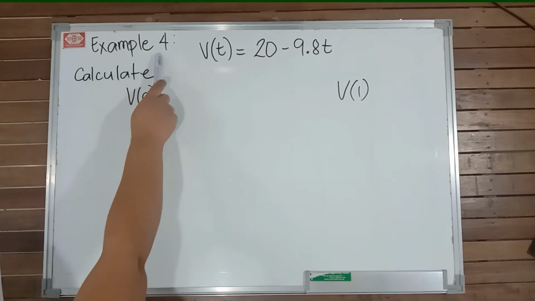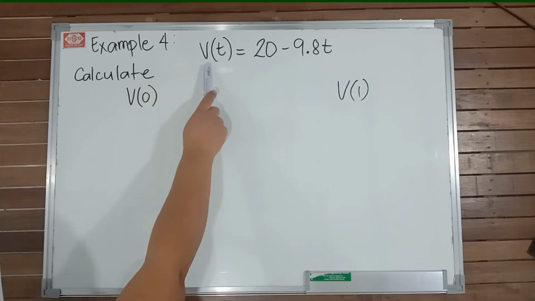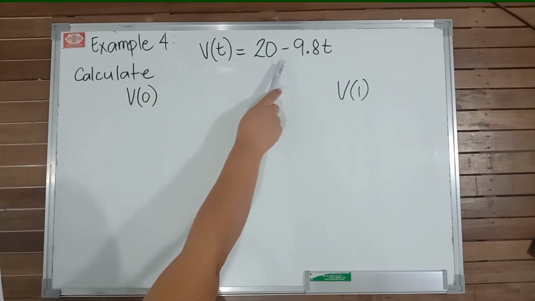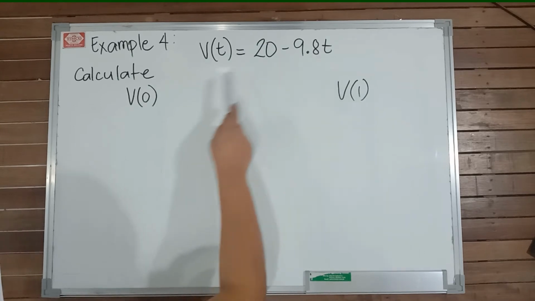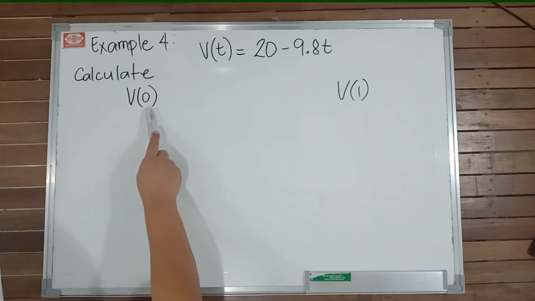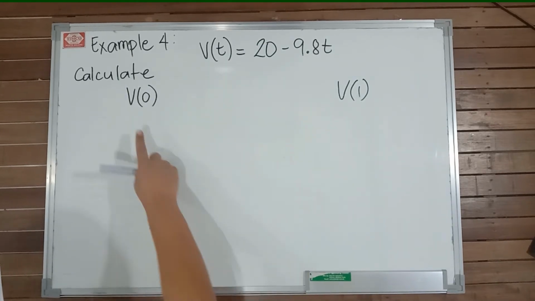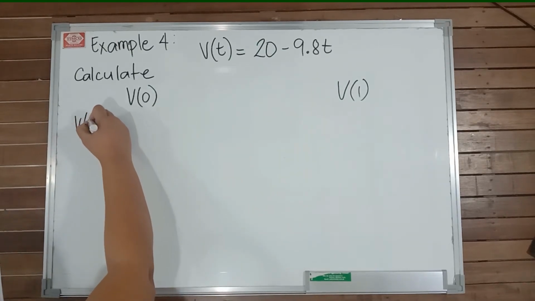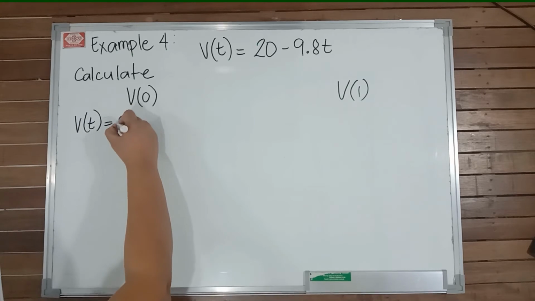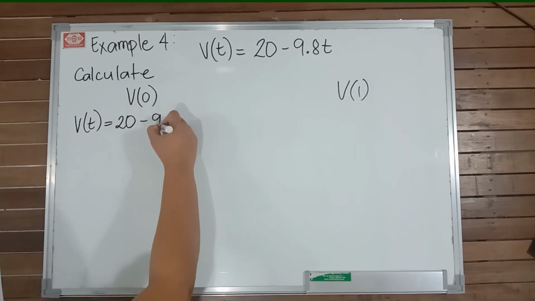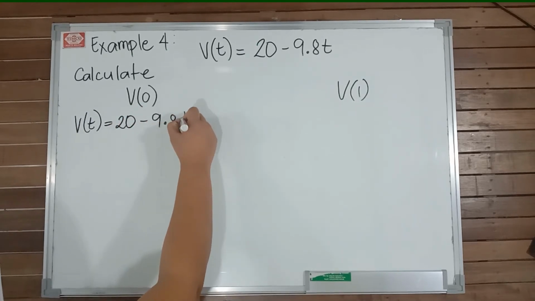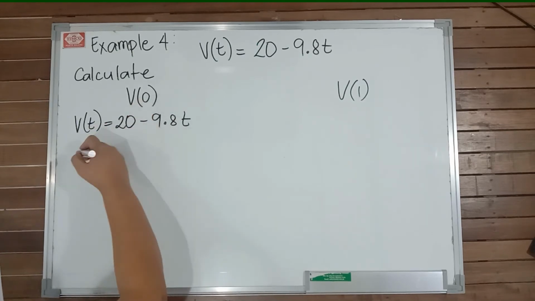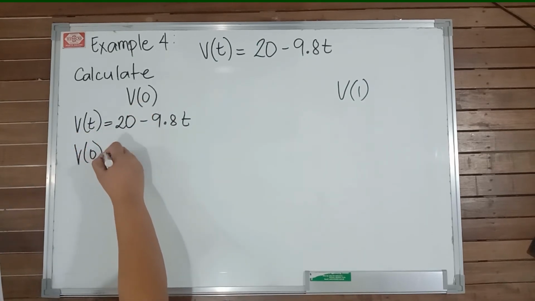And so this is our solution for our example 4. We have the function v of t is equal to 20 minus 9.8 t. We have to calculate the initial time, which is v of 0, and the velocity in 1 second, which is v of 1. So we just rewrite the function v of t is equal to 20 minus 9.8 times t. So just replace 0.